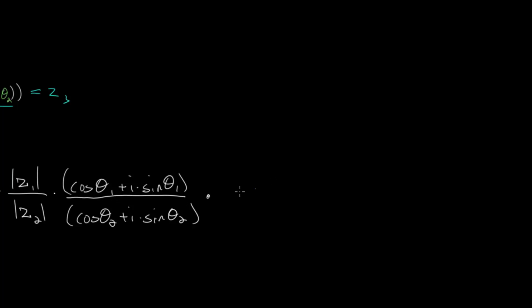So we will multiply top and bottom by the cosine of theta 2 minus i times sine of theta 2. And again, we will do that in the top and the bottom here, so that we're essentially just multiplying by 1, since something divided by itself is really just 1.